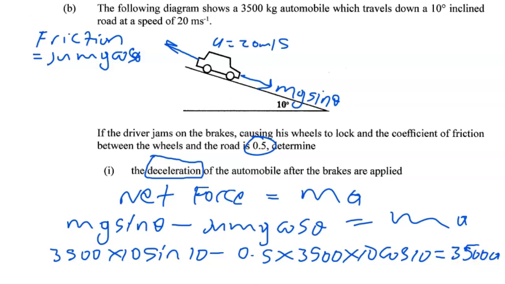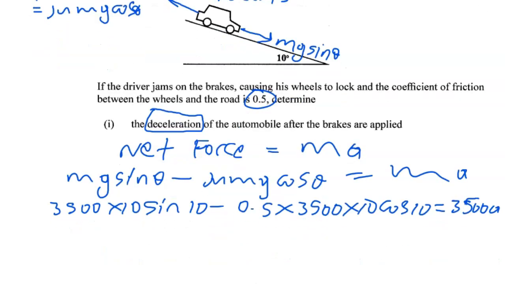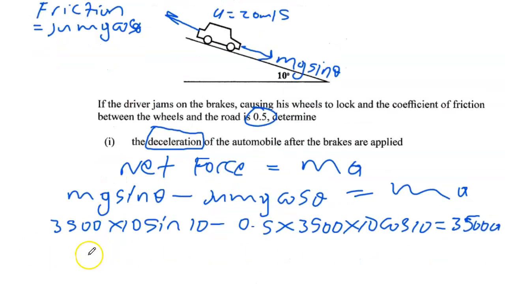So substitute these values. We end up with negative 11,156.45 equal to 3,500.